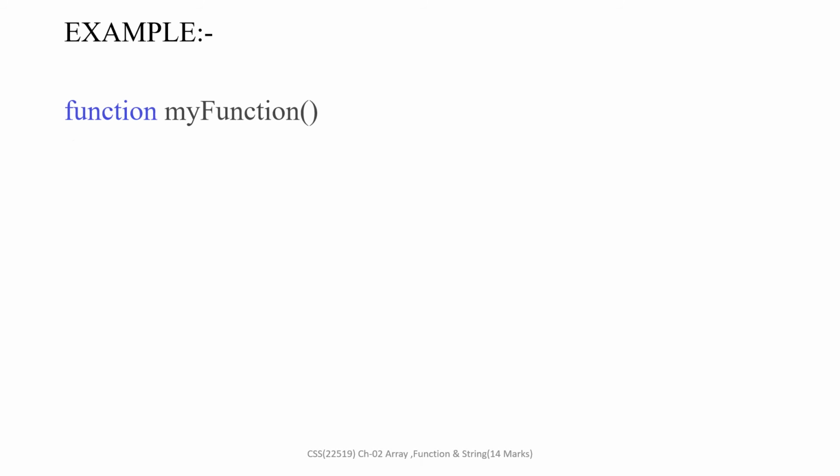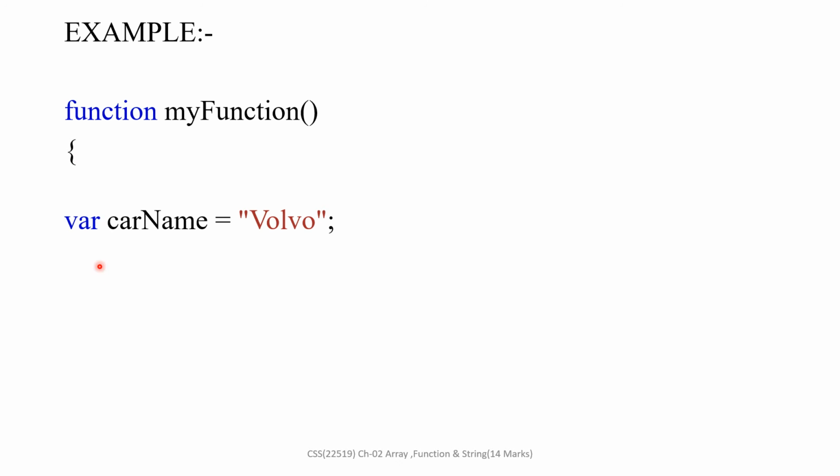Now we will see an example of a local scope variable. function is a keyword, myFunction is a function name.